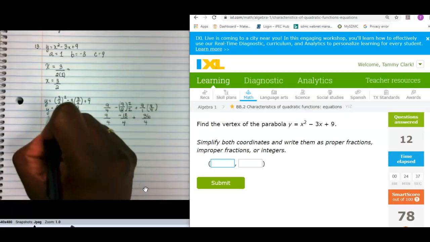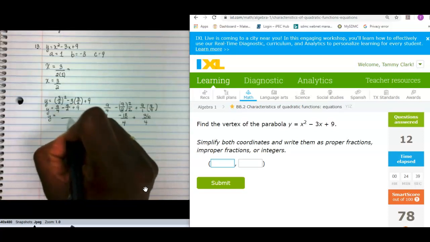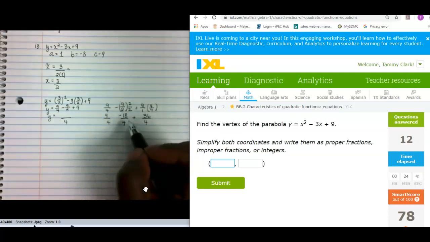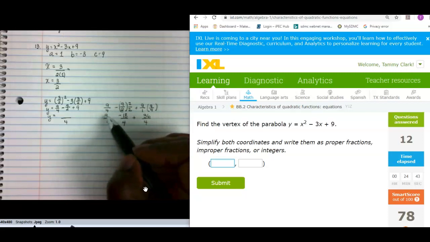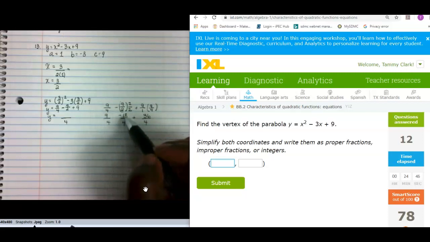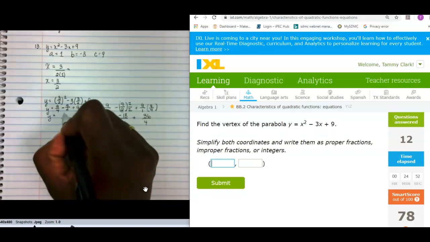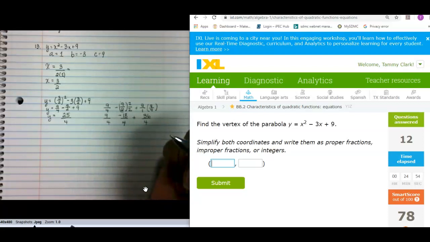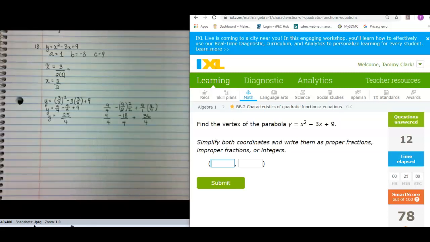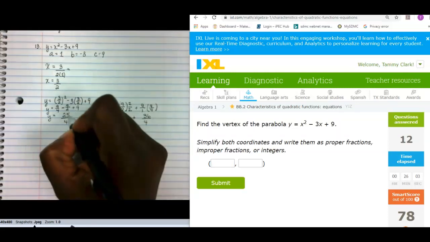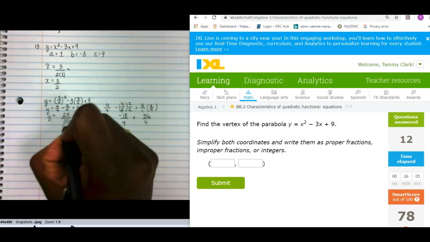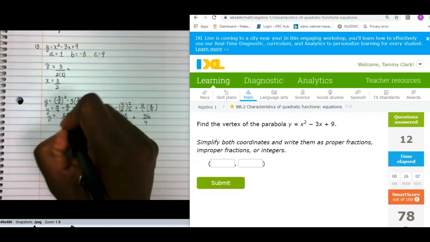So we're going to keep our denominator the same, which is 4. And now we add and subtract the numerators as we need to. 9 minus 18 is negative 9. Negative 9 plus 36 is positive 25. Alright, so actually, this should not be 25 over 4.